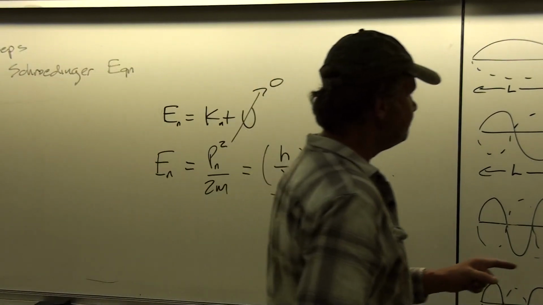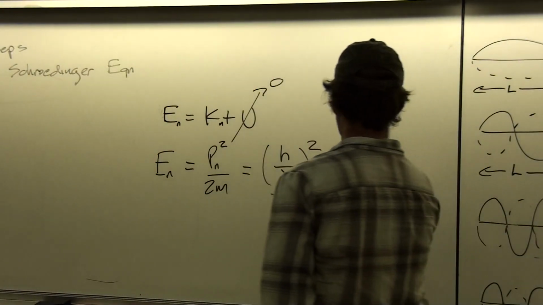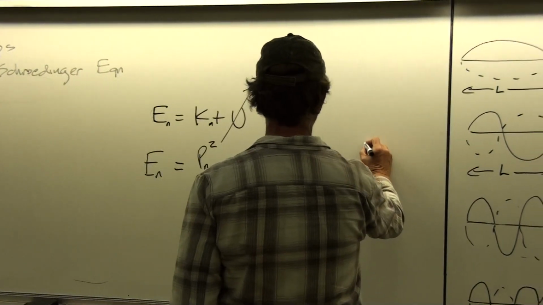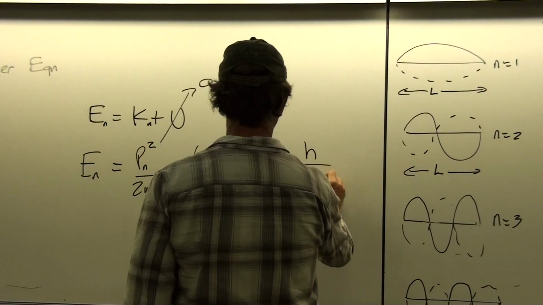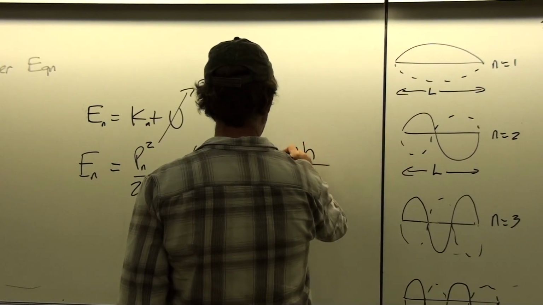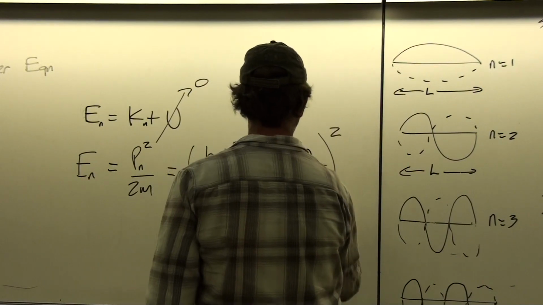And so then we can plug in that value for lambda n. That gives us h over 2L over n, squared, over 2m.